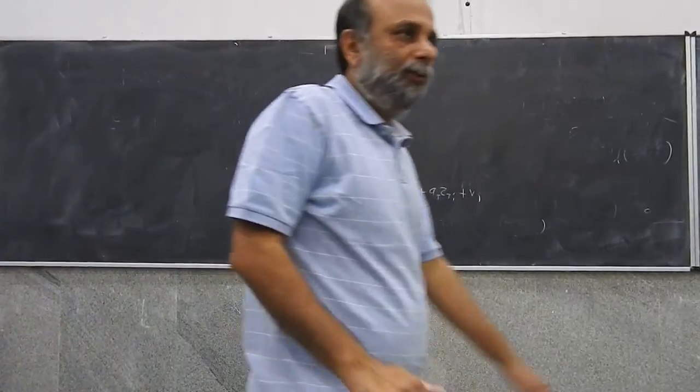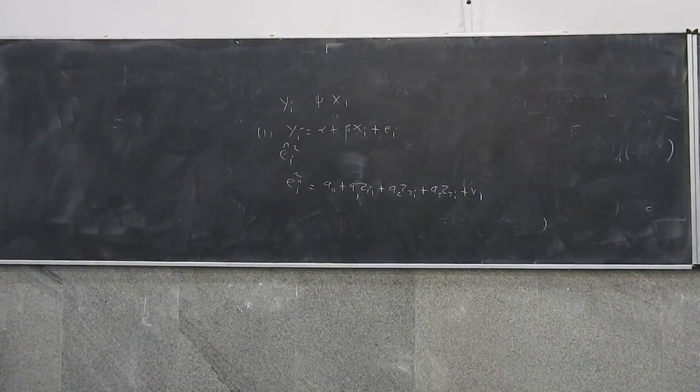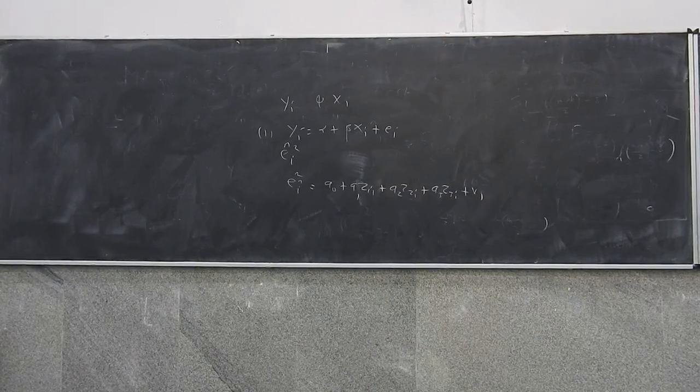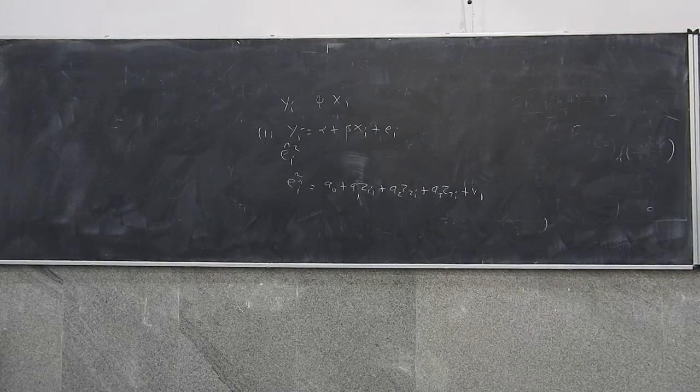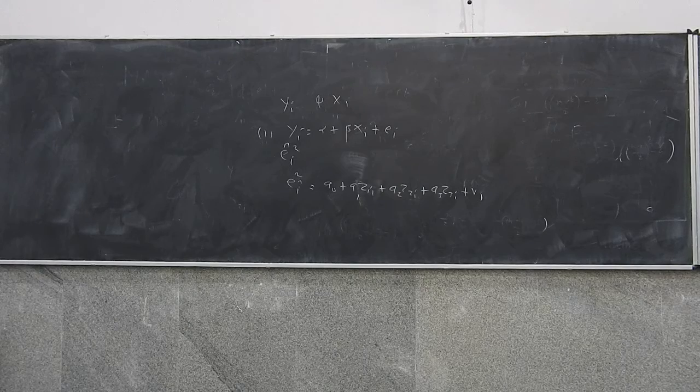You will do this regression where you use e hat 1 square as an estimate of sigma 1 square, e hat 2 square as an estimate of sigma 2 square, and so on. Are you getting this? Sure?